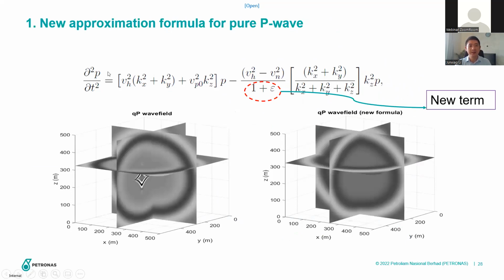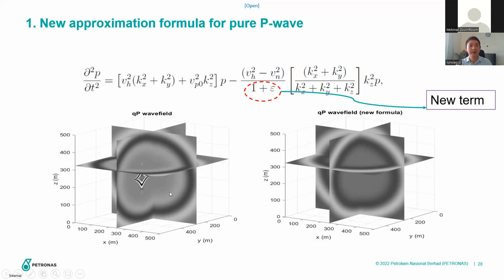So here is the new approximation of the QP wave equation, where we have a new term, 1 plus epsilon. The lower pictures show the comparison when we use the new term and without using the new term of the approximation of the P wave.